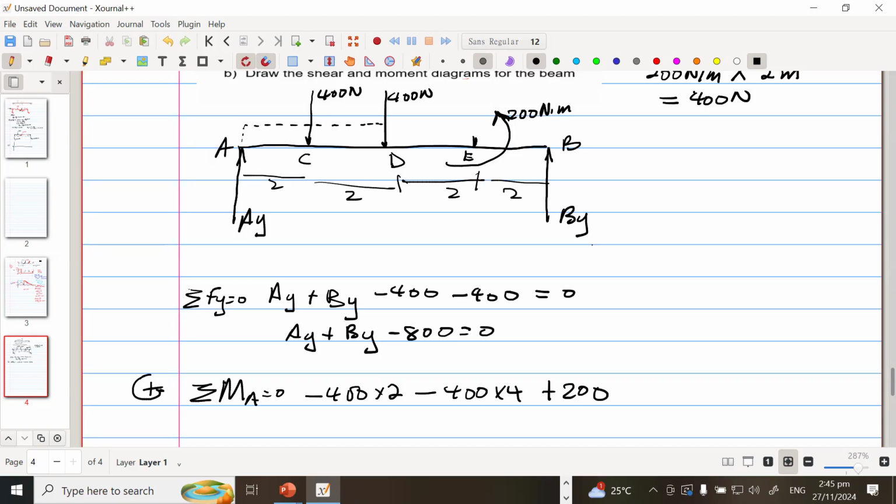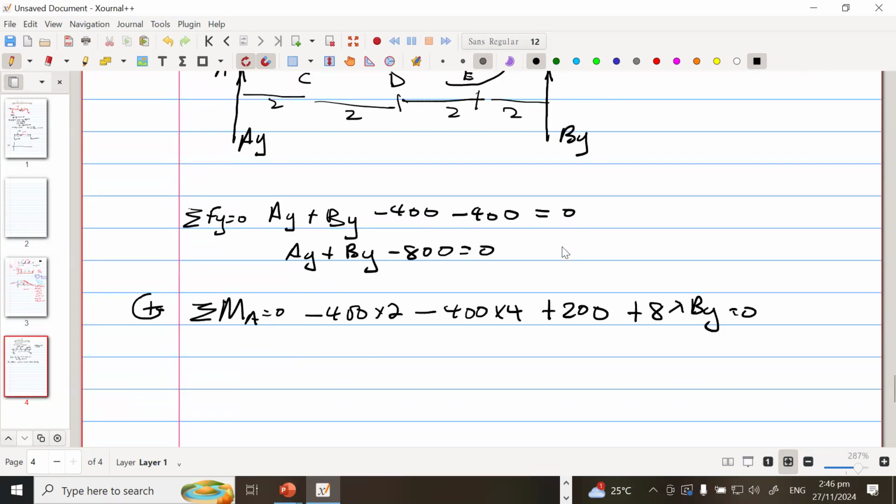And then the last one would be 8 times BY equals 0. This works out to give you minus 800 minus 16, and correct me if I'm wrong, plus 200, plus 8BY equals 0. That was 4 times 400. How much is that value?